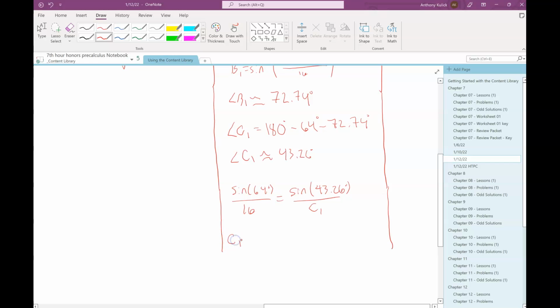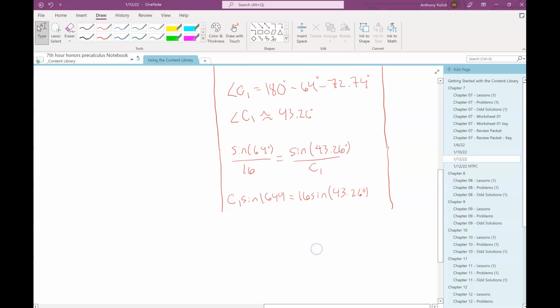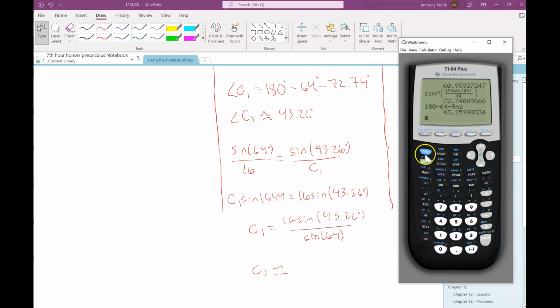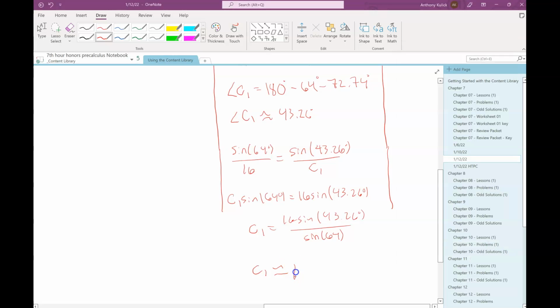And cross multiply, and divide by sine 64. So I get 12.20-ish.